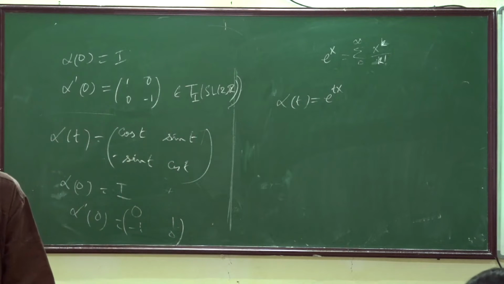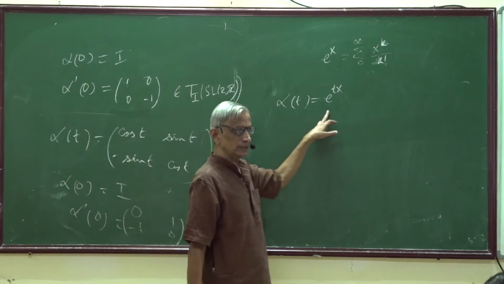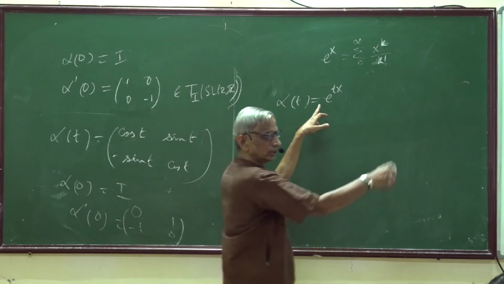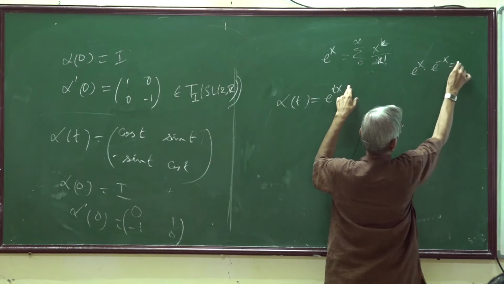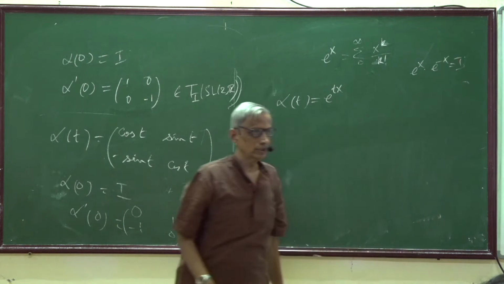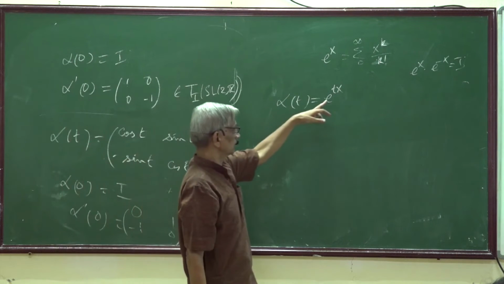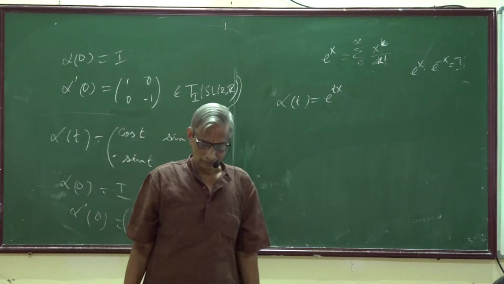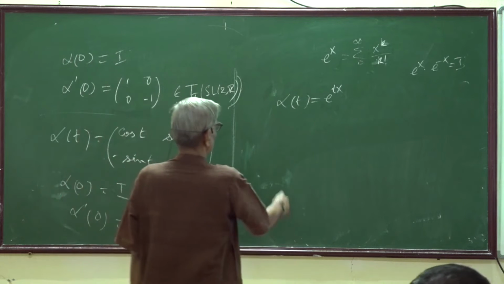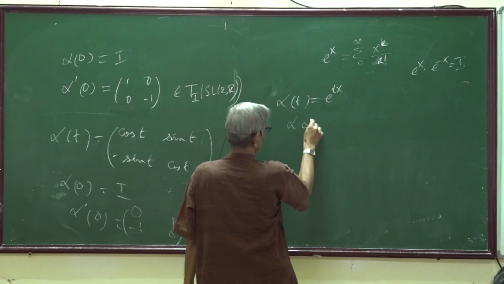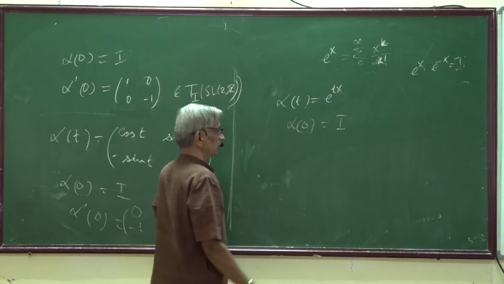In general, of course, this is a non-singular matrix. E power x is always invertible. E power x into e power minus x is the identity. So e power tx is invertible. So alpha 0 passes through the identity matrix, since e power 0 is the identity matrix.